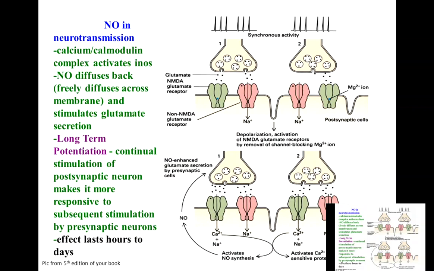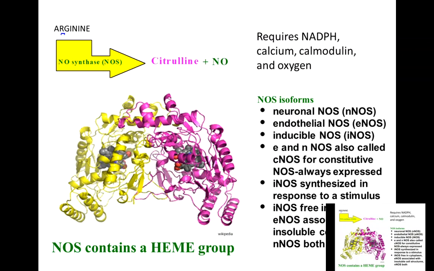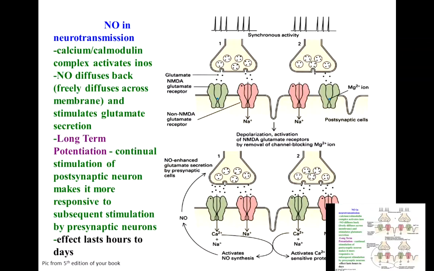Okay? So you have postsynaptic cell action potentials being generated, and the calcium that comes into the postsynaptic cell is a required signal for activation of nitric oxide synthase. NOS requires calcium.